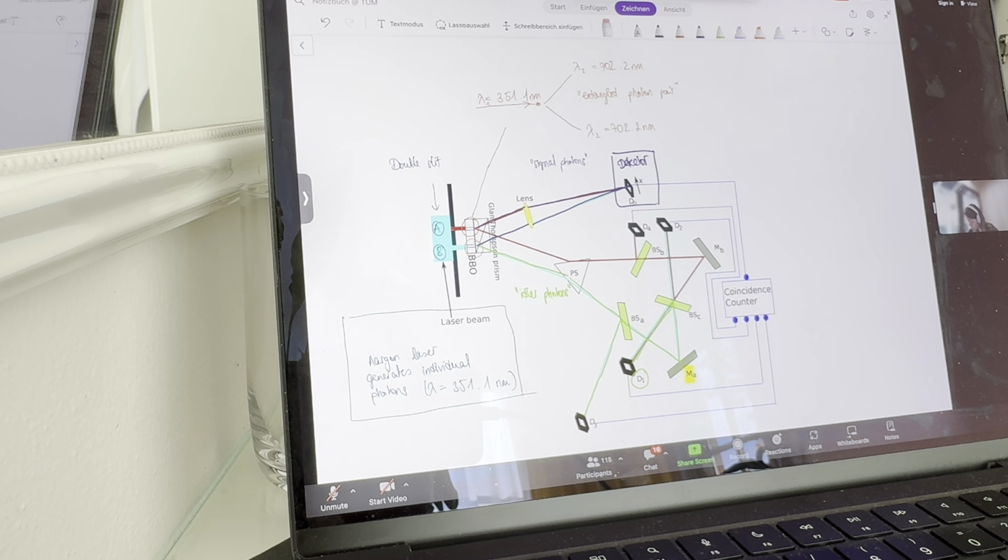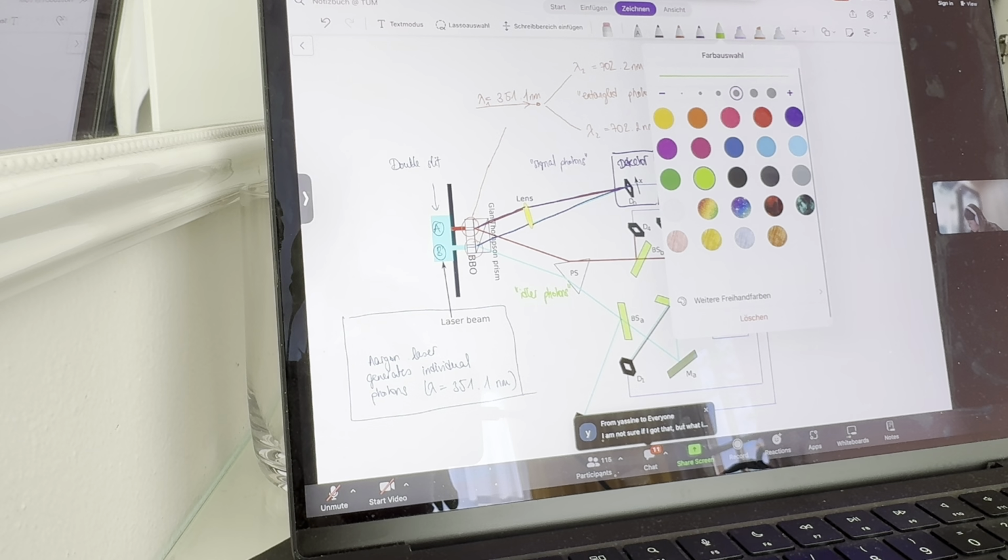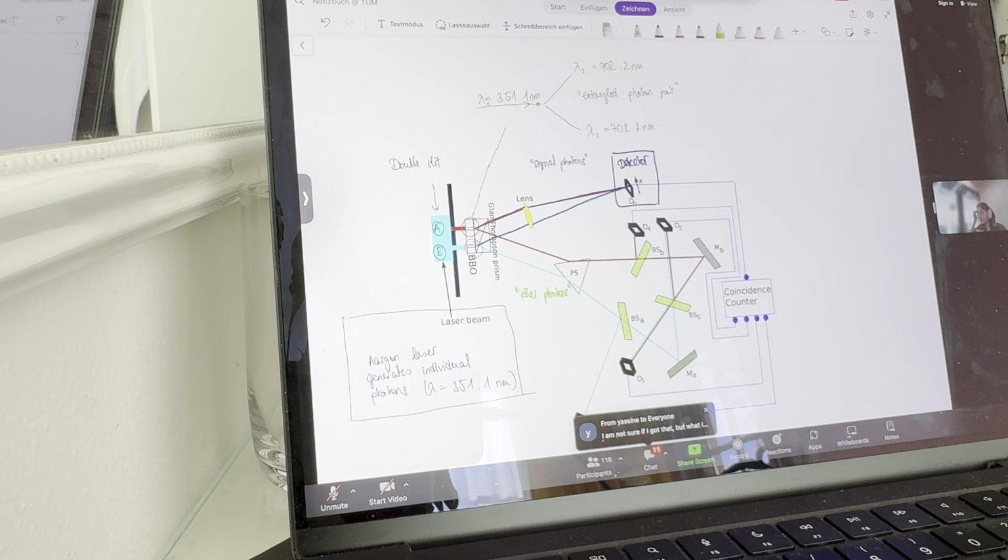So this is a little bit messy, maybe, at first, but basically, if you write down everything in a structured way, then you will see that there are different possibilities of extracting information about where the idler photons went through. Okay, so let me write this down with green.